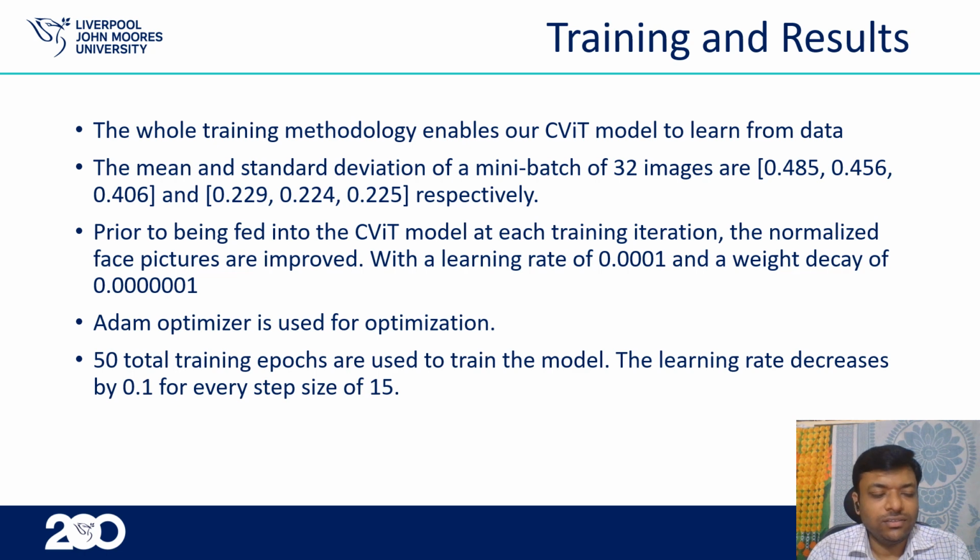We chose our hyperparameters, mean and standard deviation; we tried many combinations and finally fixed this combination. Prior to being fed into the CViT model for each iteration, the normalized face pictures are improved, with a learning rate of e to the power of minus 3 and a weight decay of e to the power of minus 7.